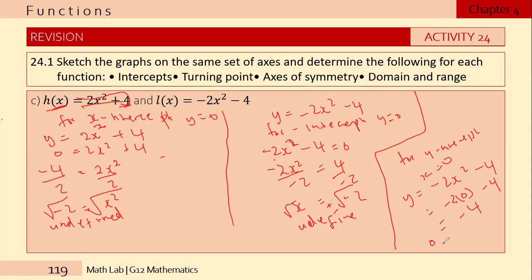It's going to be 0 and minus 4. So these are the x and y of that graph. Sometimes you can get a graph that does not have an x or y intercept. So how does it look? A graph that doesn't have x and y intercept. Something like this. Let me draw it here.